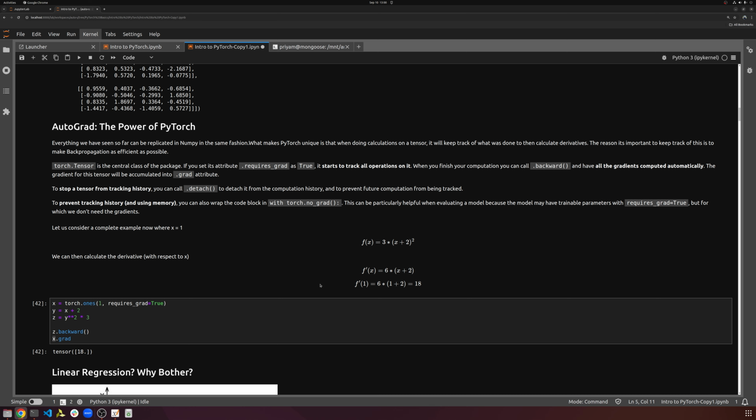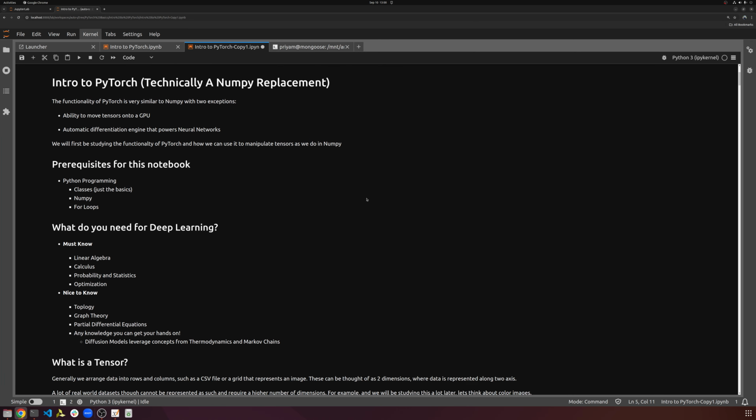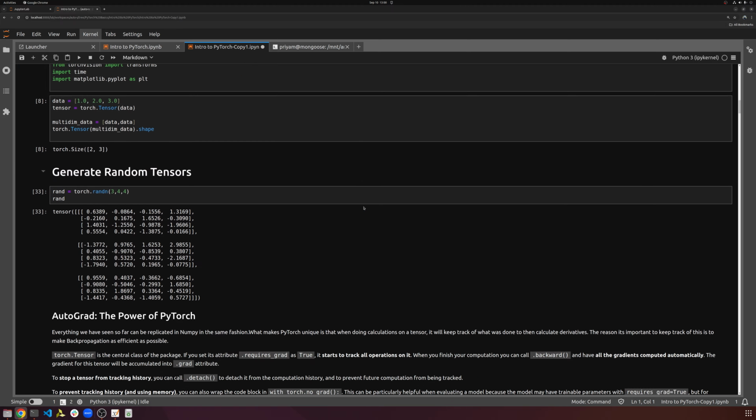It also performs this whole AutoGrad mechanism, which again we saw isn't anything but basically a depth-first gradient accumulation algorithm, right? So that's good. What else does PyTorch do?